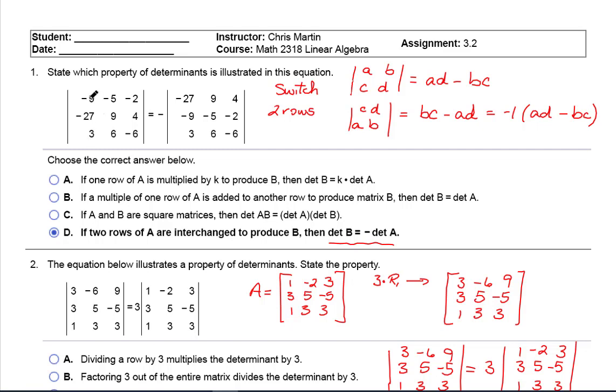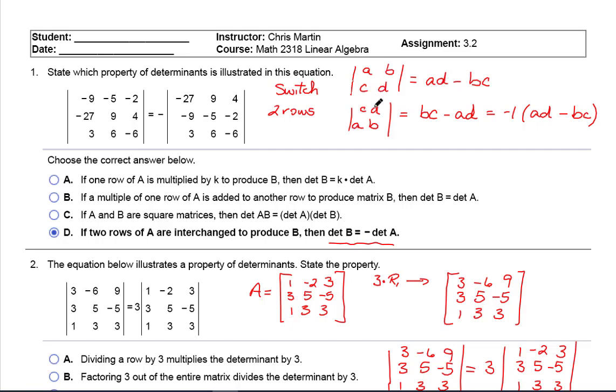Let's see, we got 9, minus 9, minus 5, and 2, which was row 1, and now it's row 2. Row 2 is now row 1. So what's going on is we switch two rows. If we had a 2 by 2, the determinant is AD minus BC.